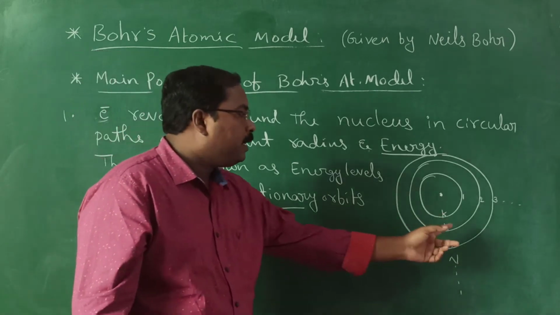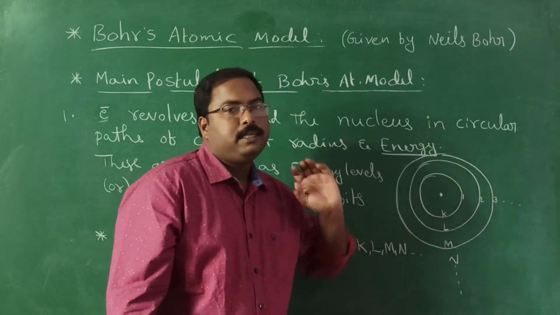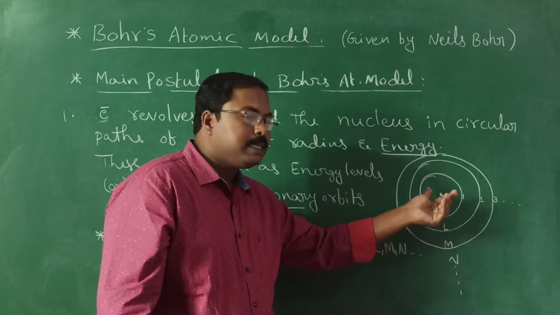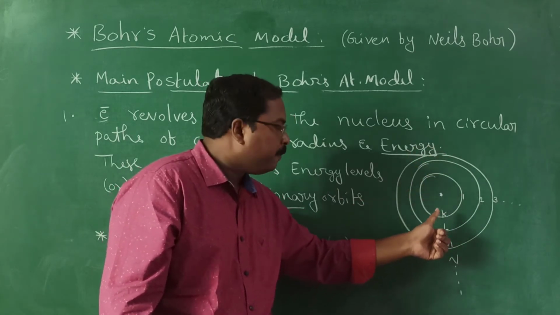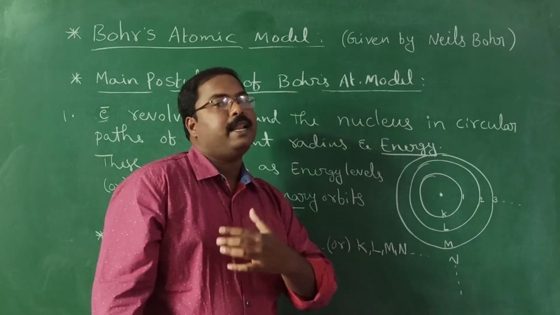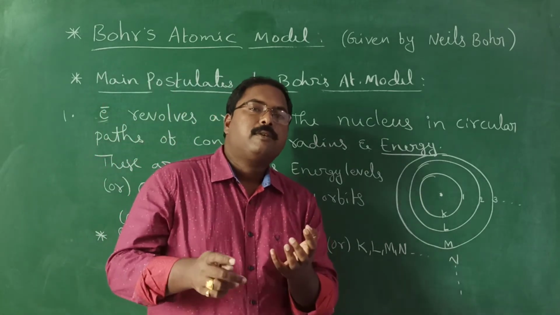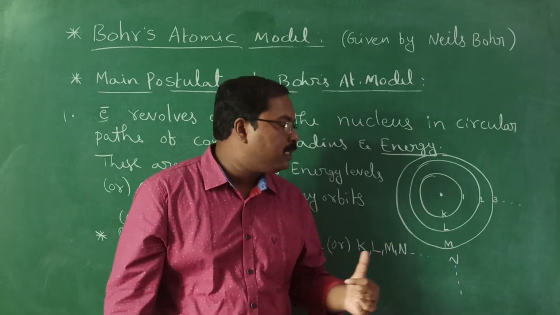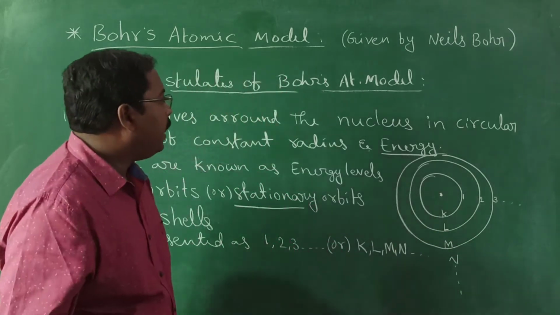They can be represented with numbers like 1, 2, 3, 4, and so on, or with capital letters: K shell, L shell, M shell, N shell. If they ask which shell is closest to the nucleus, it is the K shell. So note down this point.